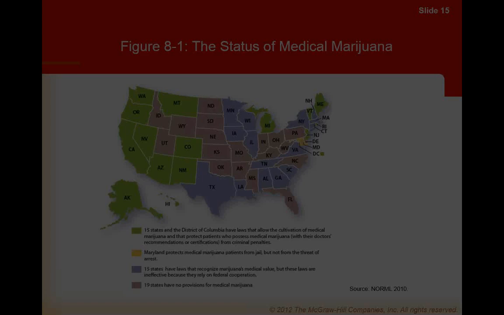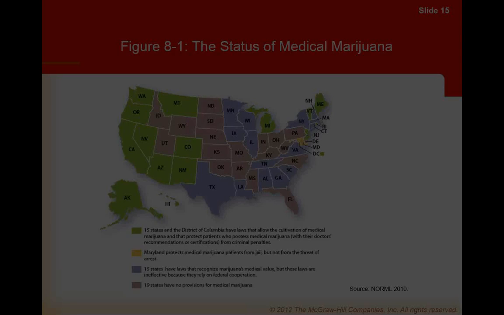But if we look, we right now are up to 15 states and the District of Columbia that allow the cultivation of medical marijuana and protect patients who possess medical marijuana from criminal penalties. 15 states have laws that recognize marijuana's medical value, but these laws are ineffective because they rely on federal cooperation.